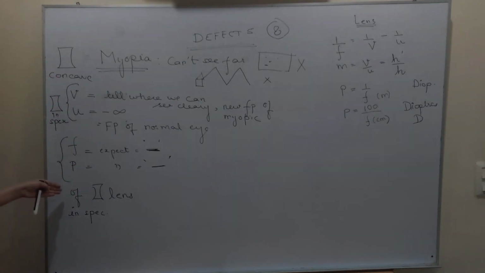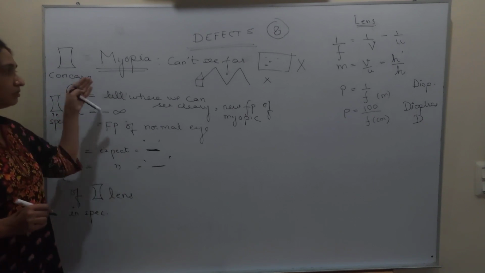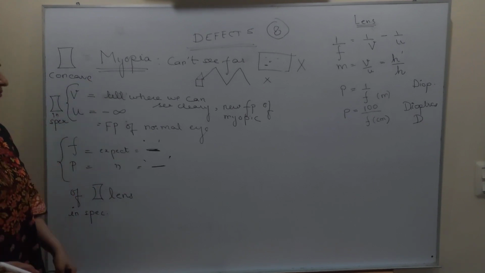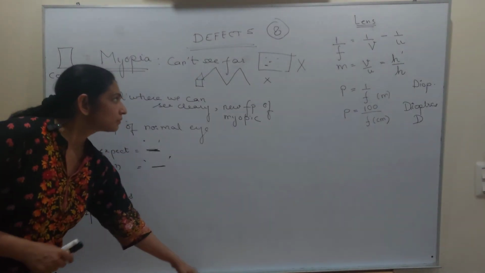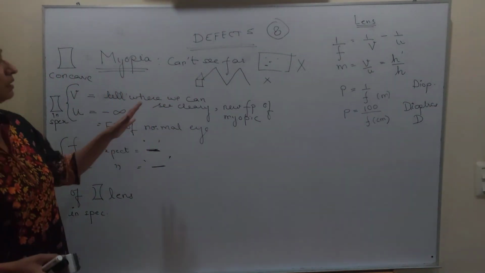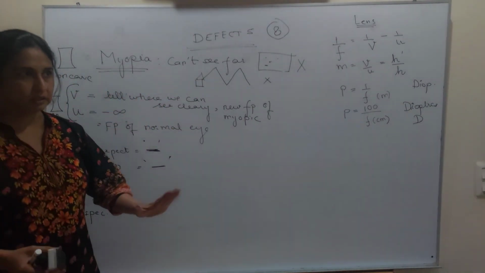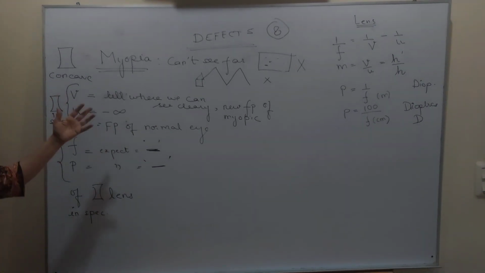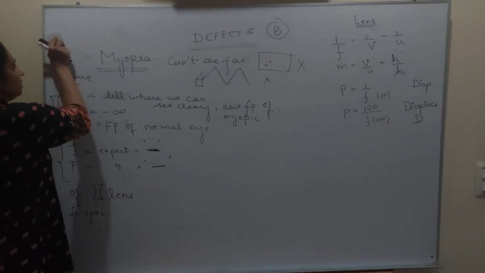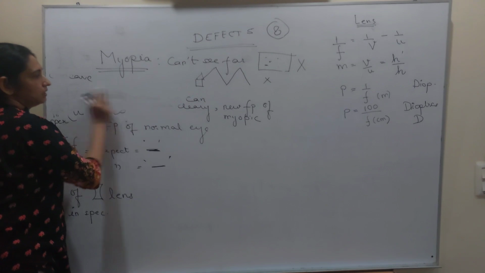So all the four quantities that we are using during calculations are meant to be for that external glass lens. All right. Now, I hope this is clear. In very short, this is fine. Now we'll go to the explanation of why this is minus infinity, why this is the new far point, and all these things. Okay, we're still sticking to the same topic.